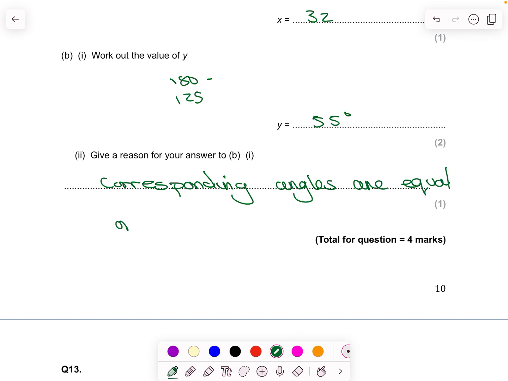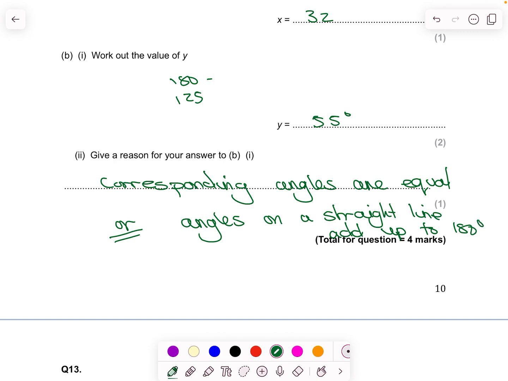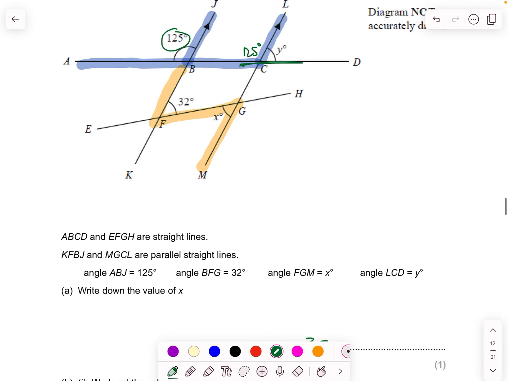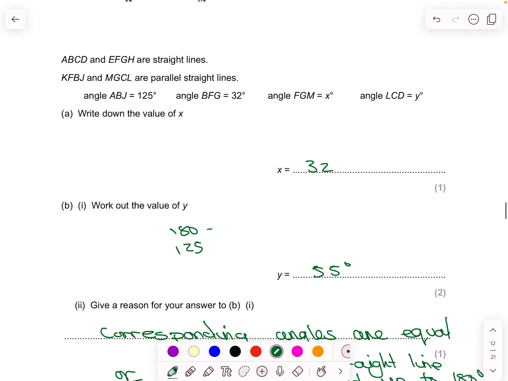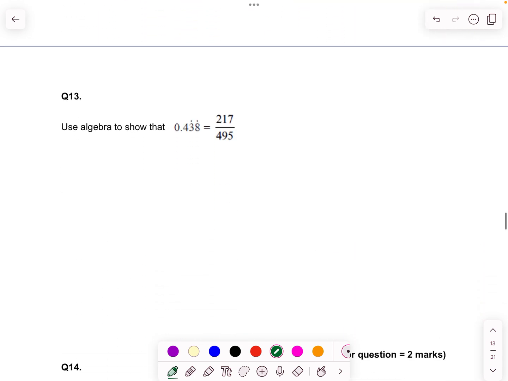Or you could have put angles on a straight line add up to 180. Okay, so both would be fine. And to be honest, we had to do both in order to get that answer.